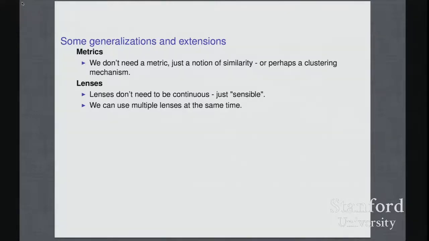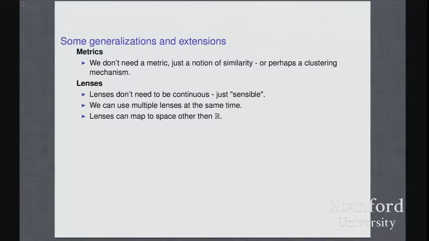If you use one lens, your output is a one-dimensional object, but you can use multiple lenses and your outputs will have higher dimensionality, and we do that all the time as well. You can map to spaces other than R. We're using the lens to slice up our data in a certain way with inverse images of open sets.